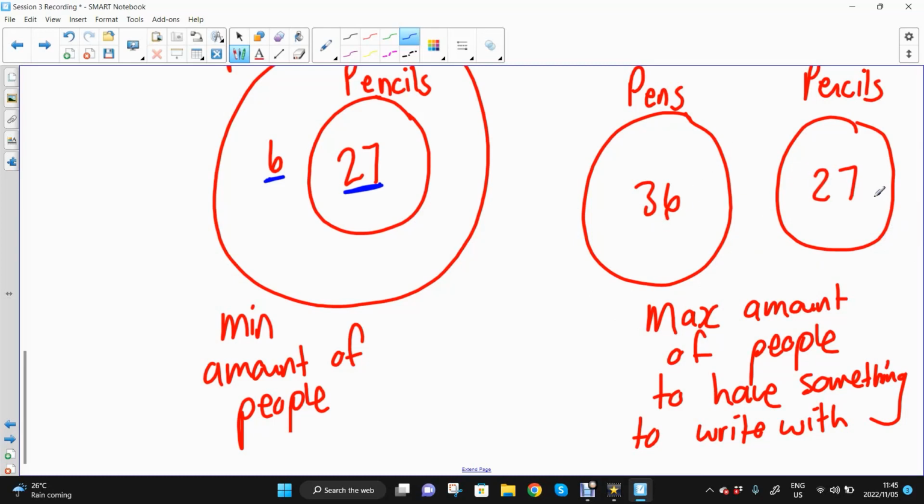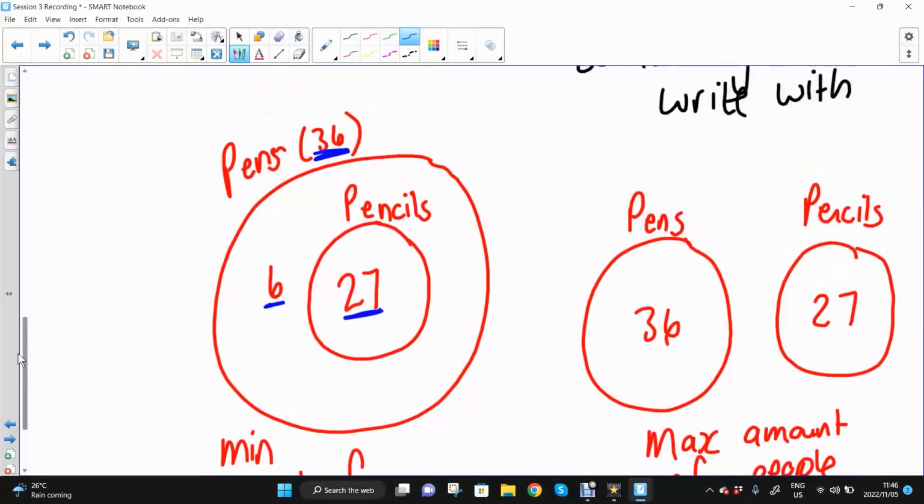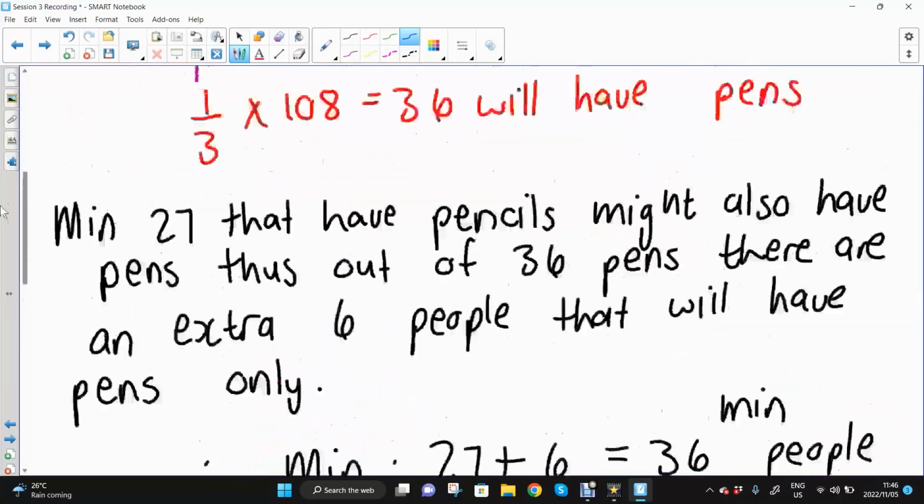None of the people overlap. You can see there are no people that have pens and pencils together. We are seeing this as the scenario for the maximum amount of people to have something to write with, and then you just add the two together. Okay, so I think seeing it visually might make more sense for the logic.